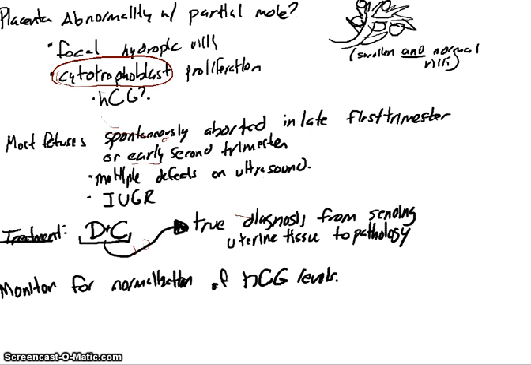If we're comparing it to a complete mole, we would expect these numbers to remain elevated for much longer, up to about 14 weeks or so. During this time, it's important that patients, again, refrain from becoming pregnant. As their physician, you want to encourage them to use responsible contraception, so we're sure that the partial mole has been totally eradicated before they try getting pregnant again.